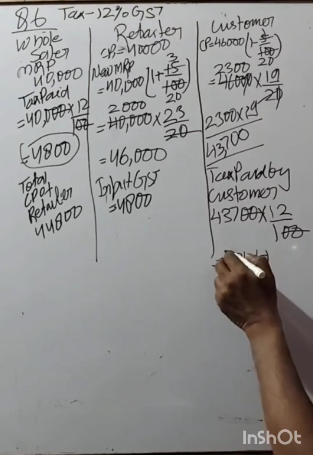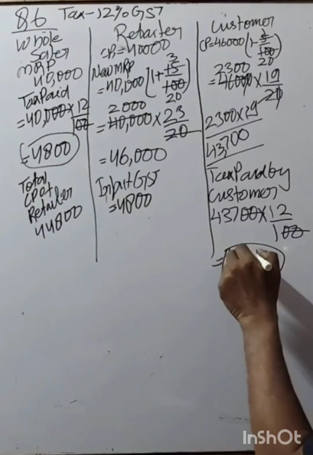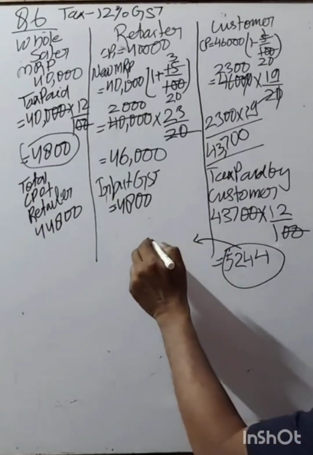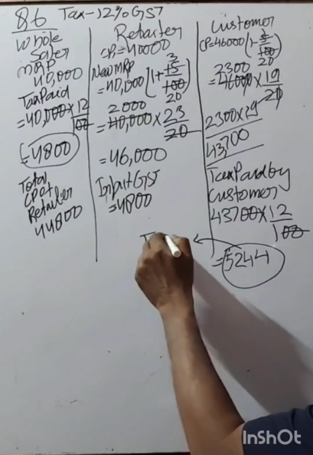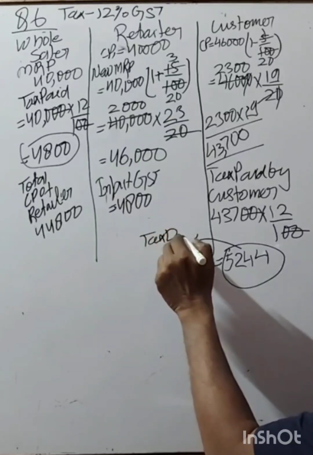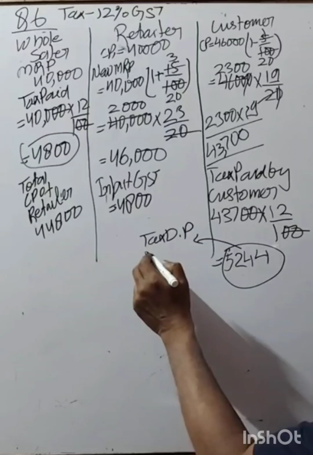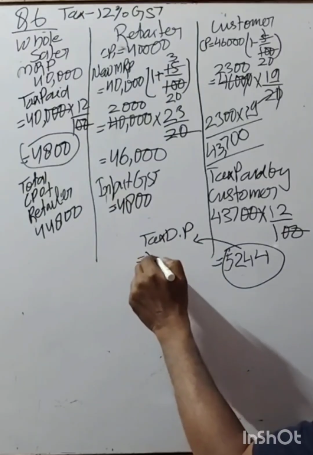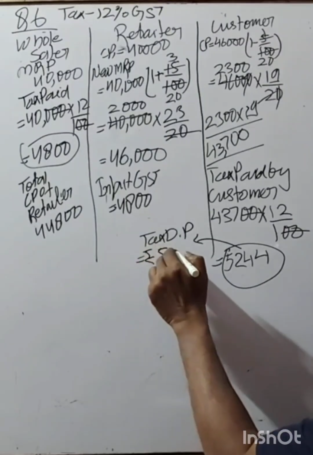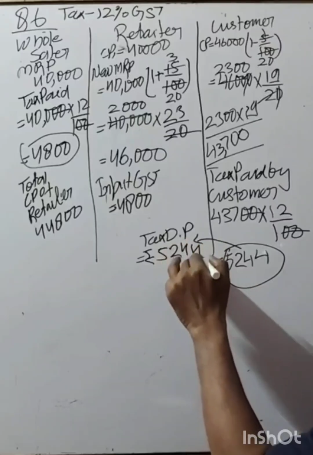This much is tax, so this is the tax output for the retailer, that is rupees 5,244.